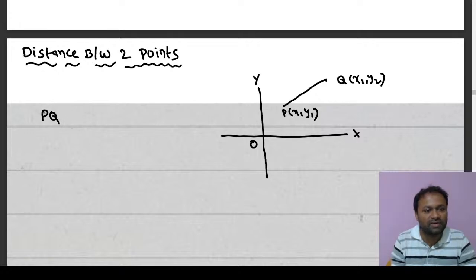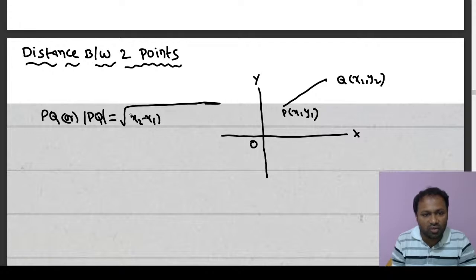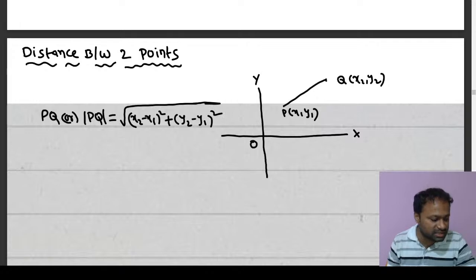PQ is equal to the square root of (x2 minus x1) whole squared plus (y2 minus y1) whole squared. So this is the distance between two points. You can write x1, x2, y1, y2 in any order, because the square is there, that's why there is no problem.